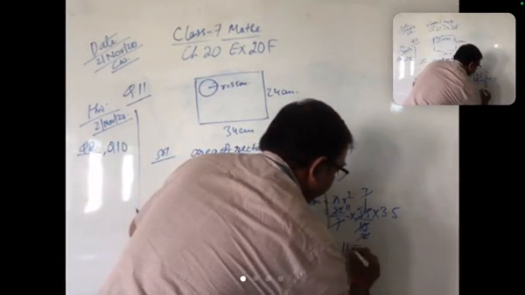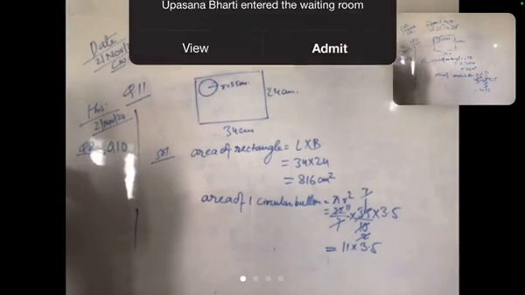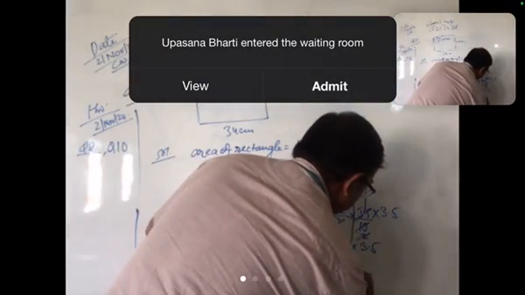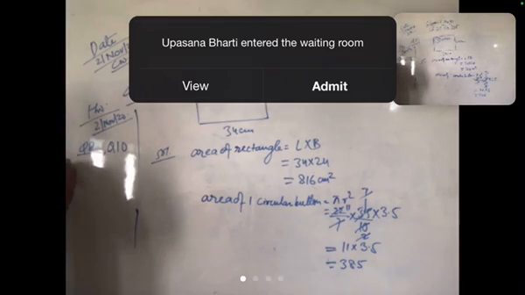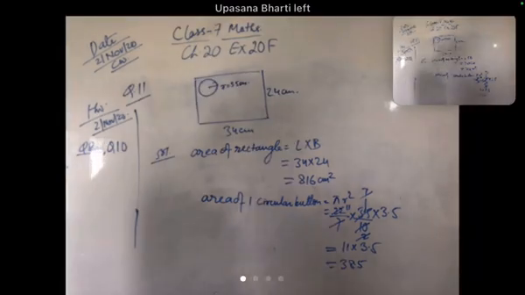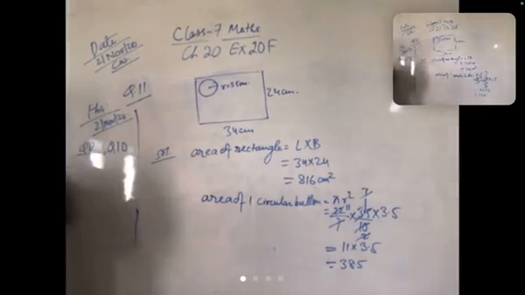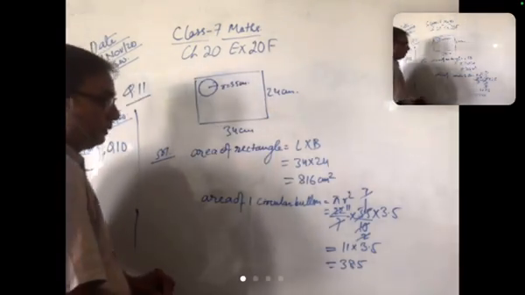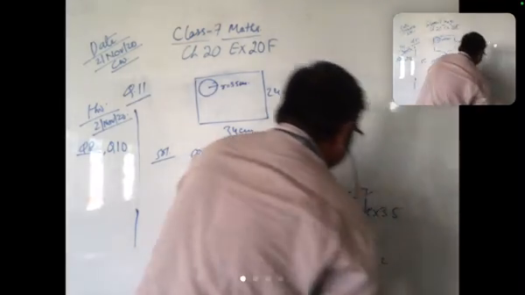So it will be 11 times 3.5. So 3.5 times 11 is equal to 38.5. Check the calculation, please. Is it right? And this is centimeter square.